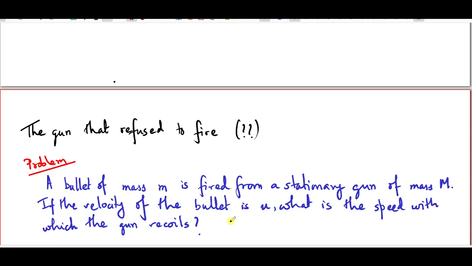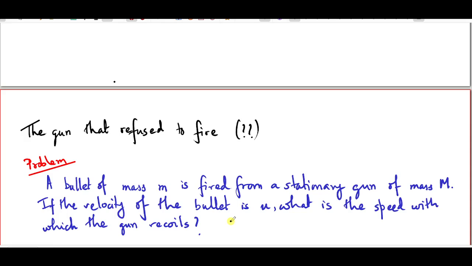Now, I'm pretty sure all of you know how to use the conservation of momentum to calculate the recoil velocity of the gun, and those of you who have actually fired rifles or pistols of some kind during NCC training or some other event, or even while trying to burst balloons in a fair, would have actually felt the recoil velocity.